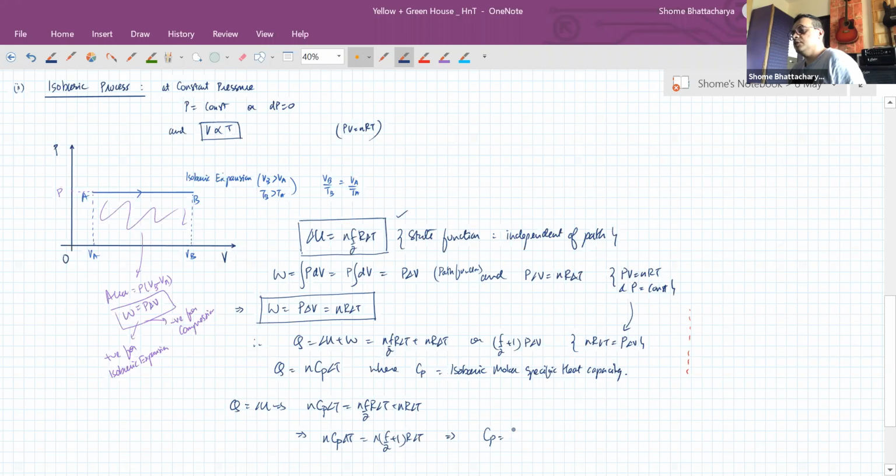So this becomes something very important over here, that Cp is (f/2 plus 1) into R. Just like above, we had written that Cv was f/2 into R. Okay, so we have Cp is equal to 7/2 R for diatomic gases, and Cp is equal to 5/2 R for monoatomic gases.